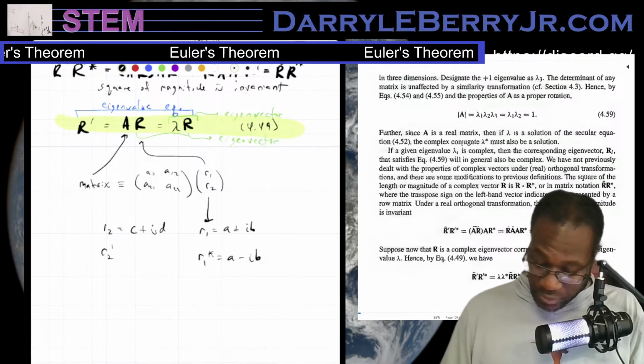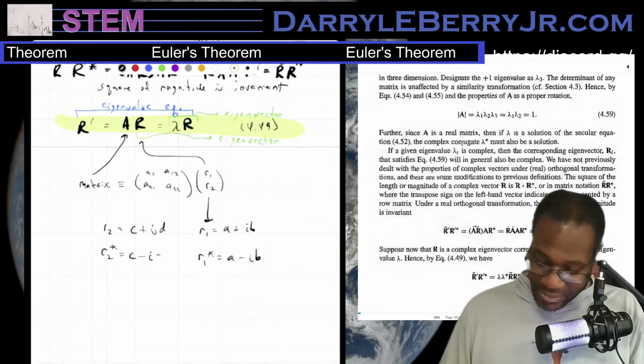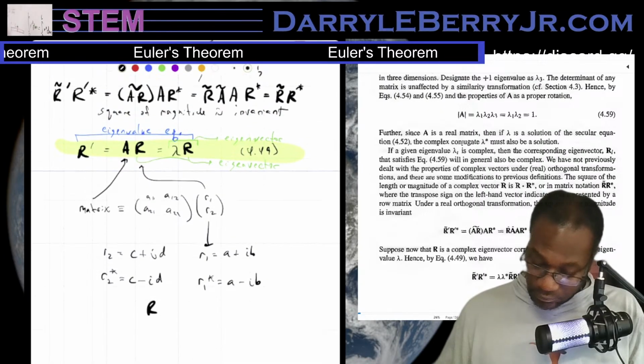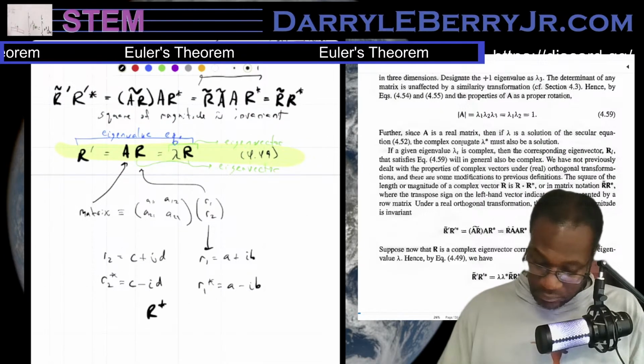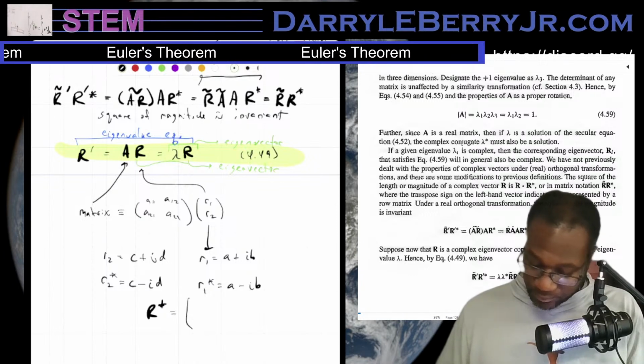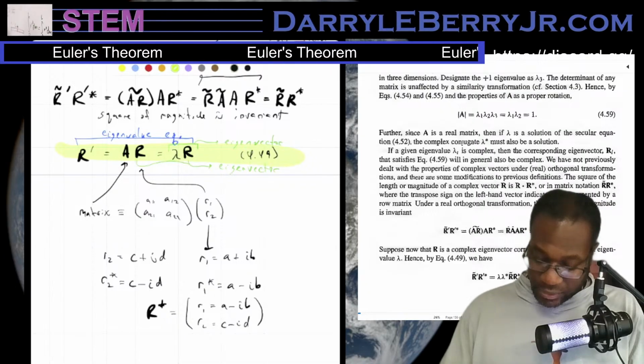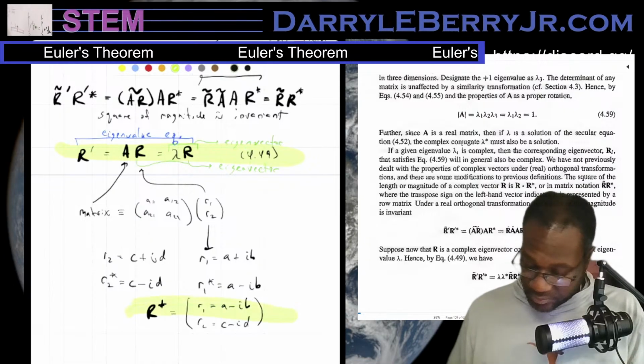So R2 complex conjugate would be C minus iD. So R star would, in this example, be R1 equals A minus iB, and R2 equals C minus iD. So this is just a vector, or in this case, a vector. Suppose it could be a matrix as well.